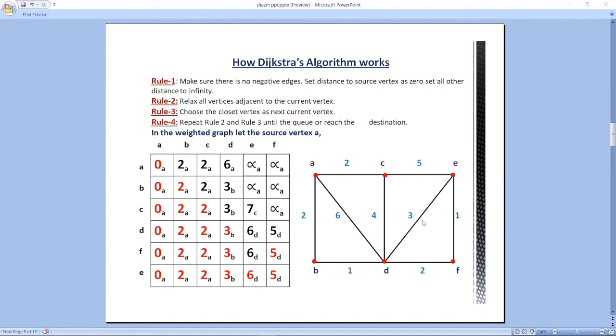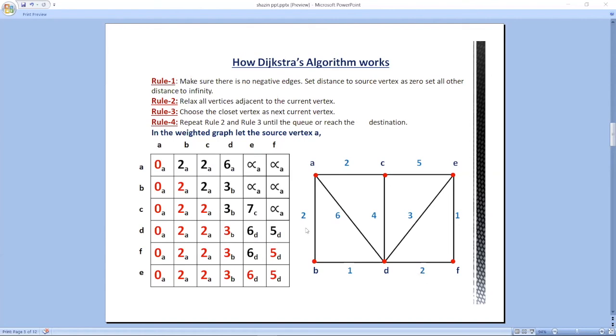D to E, there is a direct way. So A to D is 3, plus 3 will be 6 units from D. As 6 units is smaller than the previous value 7, we will update the value and mark it as 6 units from D. Then there is a direct way from D to F. If we travel from D to F, we have to travel 2 units.